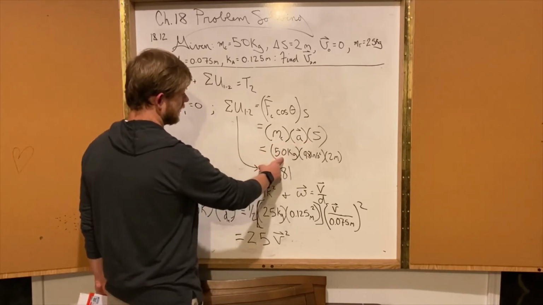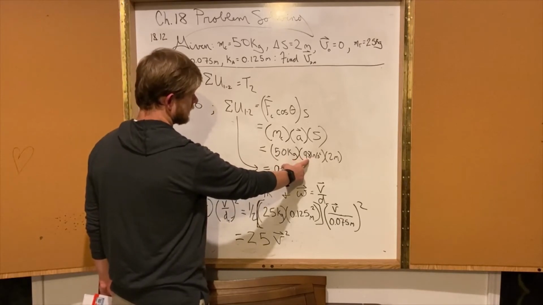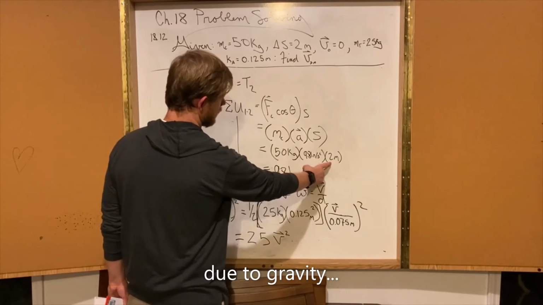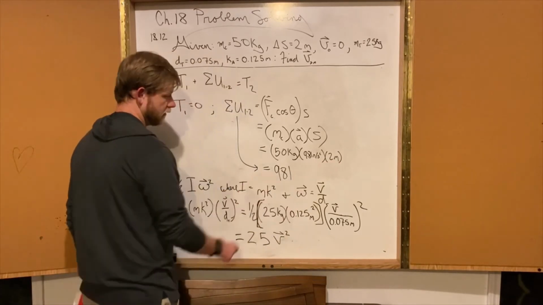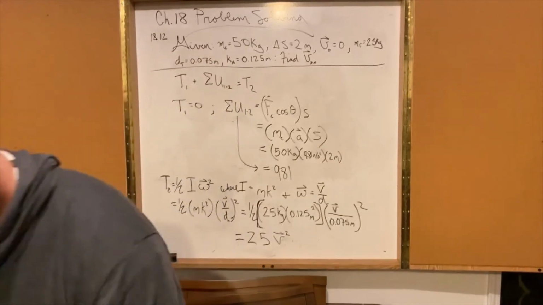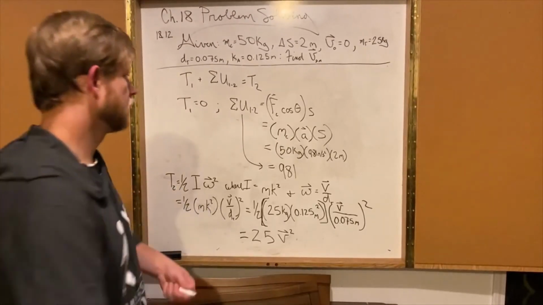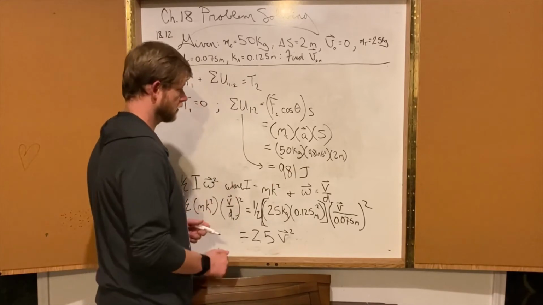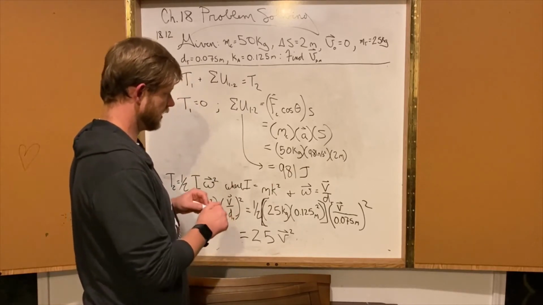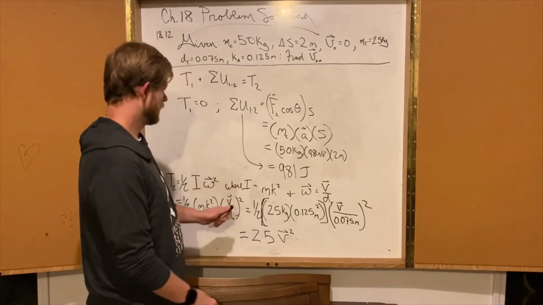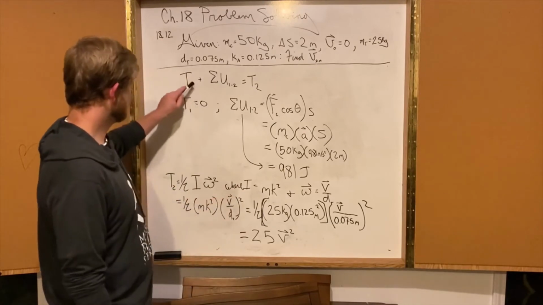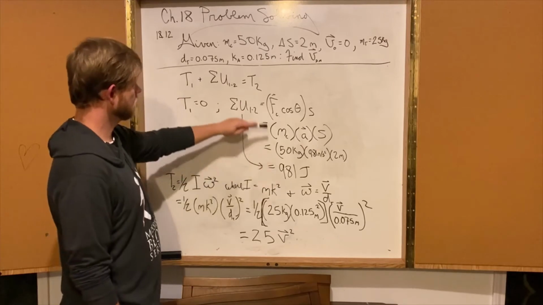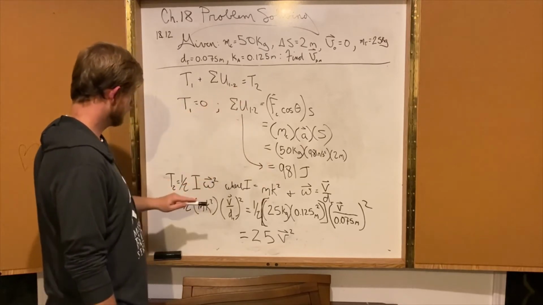The mass is 50 kilograms, the acceleration due to gravity is 9.81 meters per second squared, the distance is 2 meters, which equals 981. Since we're doing work, that's joules, kilograms meters squared per second squared. So we've got T1 is 0, and the work at 981 joules equals T2.